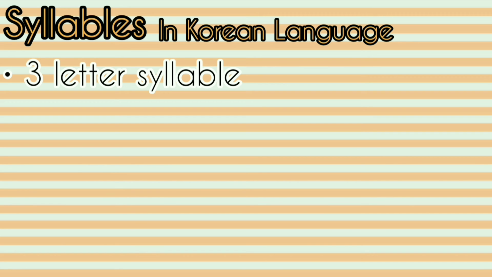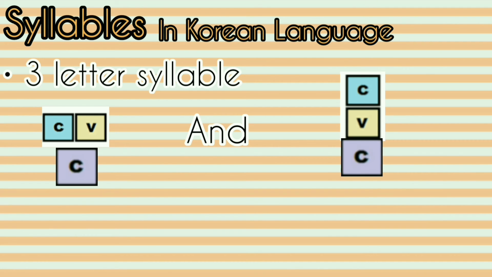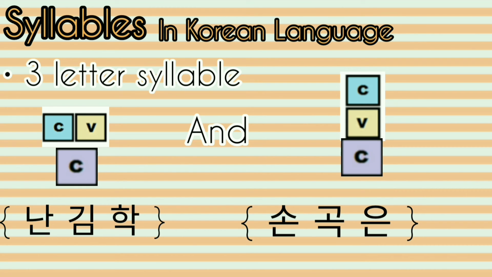For a three-letter syllable, it also has two types, and you can very easily understand these by seeing the two-letter syllables of the Korean language. As you have earlier seen, the two-letter syllable has two types: the one in which the vowel and consonant are written aside to each other, and the other in which the vowel is written below the consonant. If we simply put another consonant below each of these combinations, we can form a three-letter syllable.